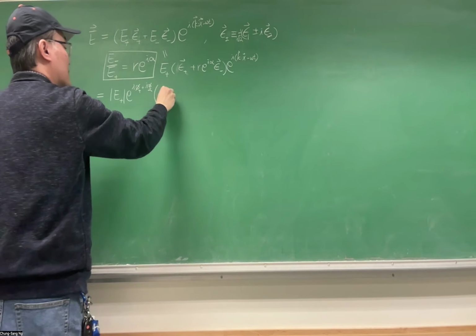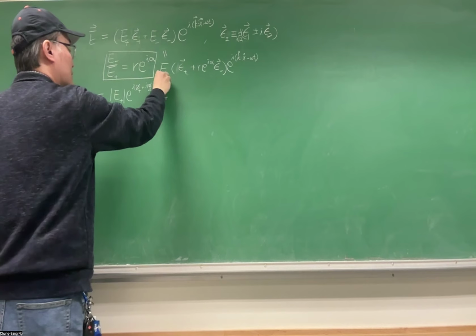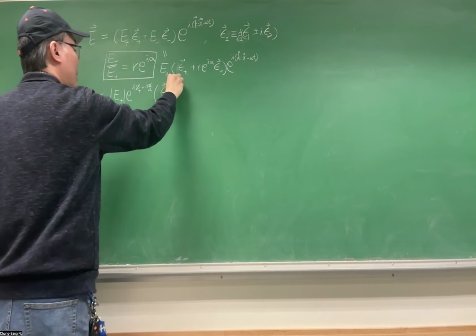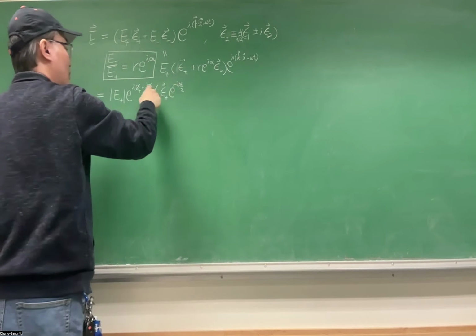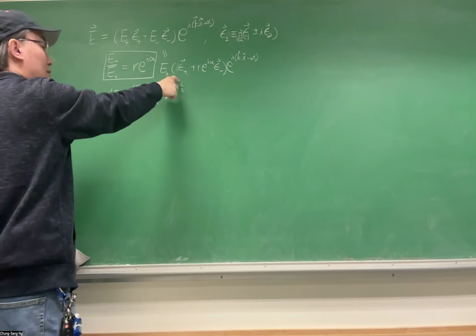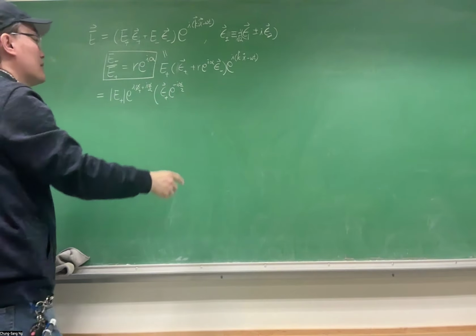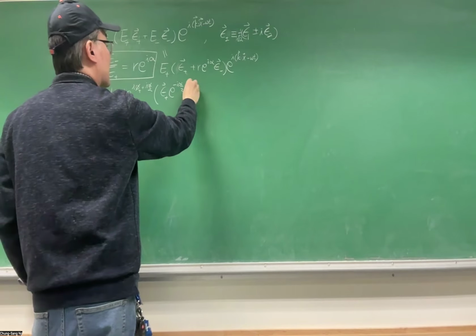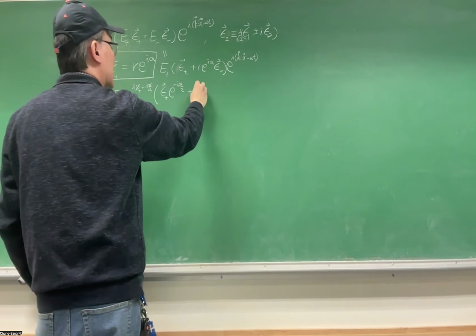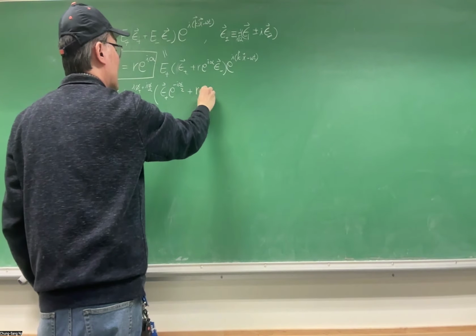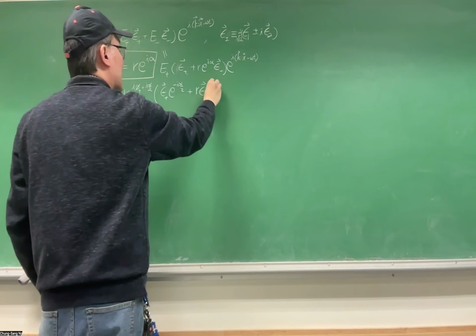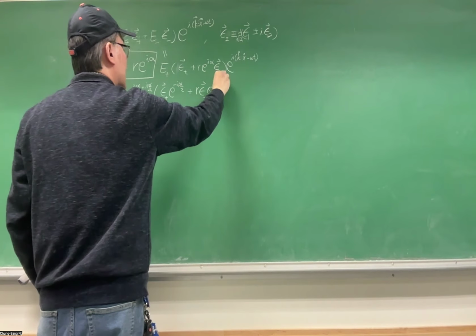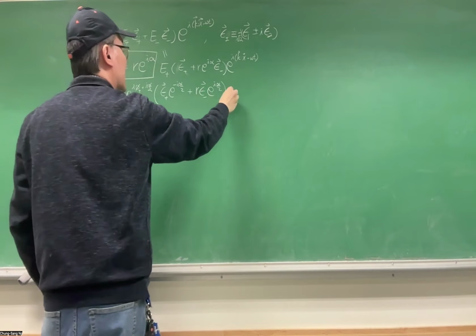So this becomes E plus times E with a minus I alpha. Because you pull out these factors, you need to subtract this in the exponential function. And then the rest is all E minus E I alpha. Okay.